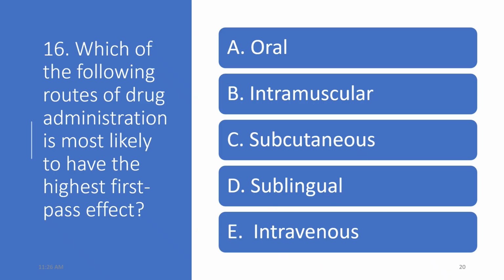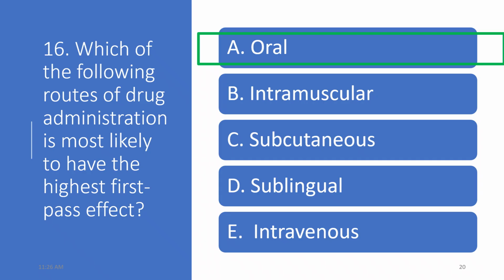So question number 16, which of the following routes of drug administration is most likely to have the highest first pass effect or metabolism? The correct answer is oral route, because with the oral route of administration, or enteral route, the drug needs to be absorbed into the portal circulation, then go to the liver, then go to the systemic circulation.